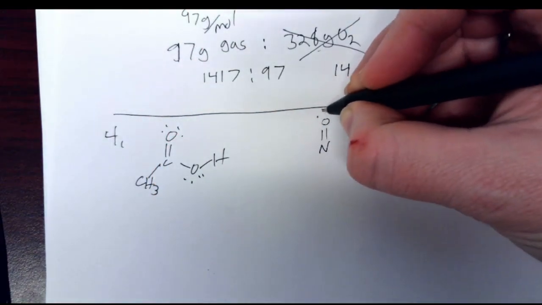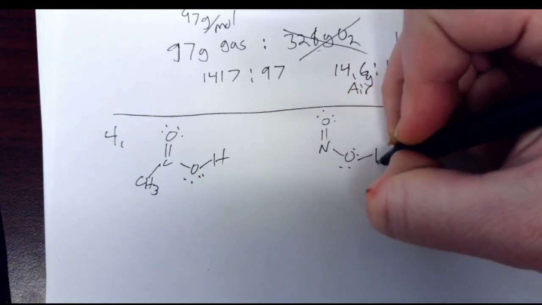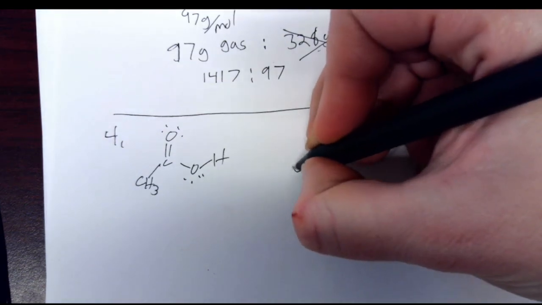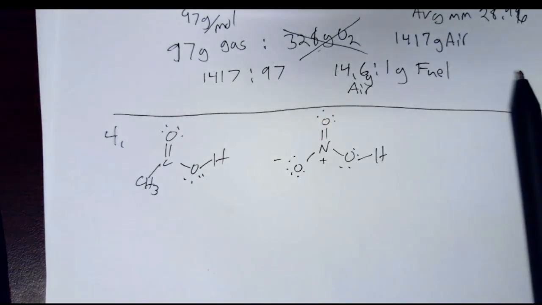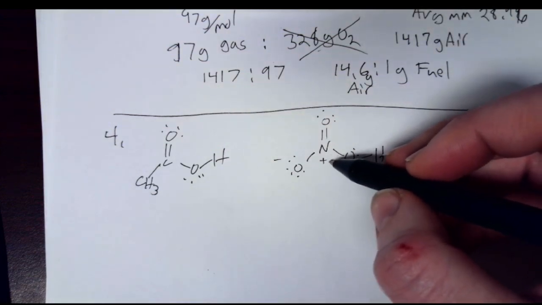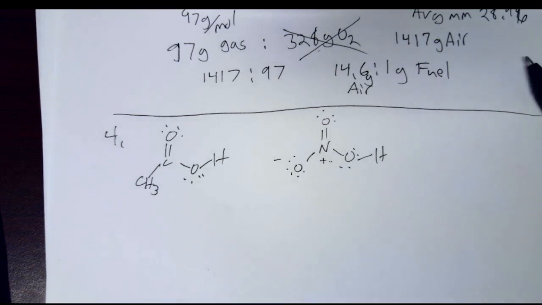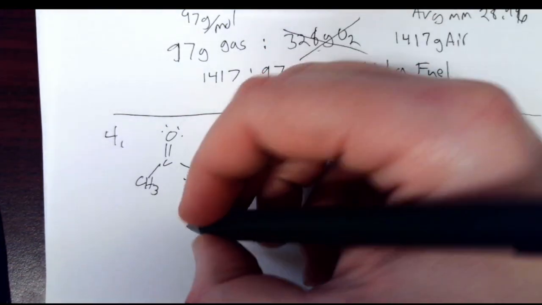Acetic acid has a structure similar to this, and this guy is stabilized to some extent by conjugation, by resonance.